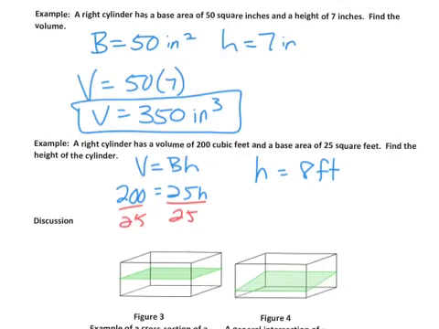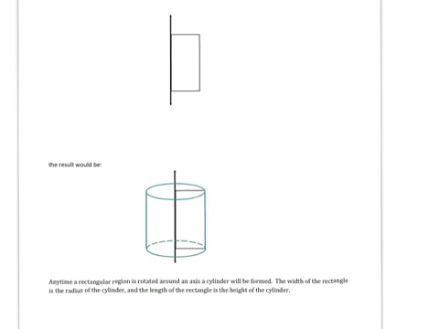But to finish off these notes, we're going to look at what happens when I spin a rectangle around an axis. So if we were to rotate this rectangle about this axis, like spin it around, it's going to sweep out a cylinder. And that's true whether this image is a square or a rectangle, any kind of rectangular region.